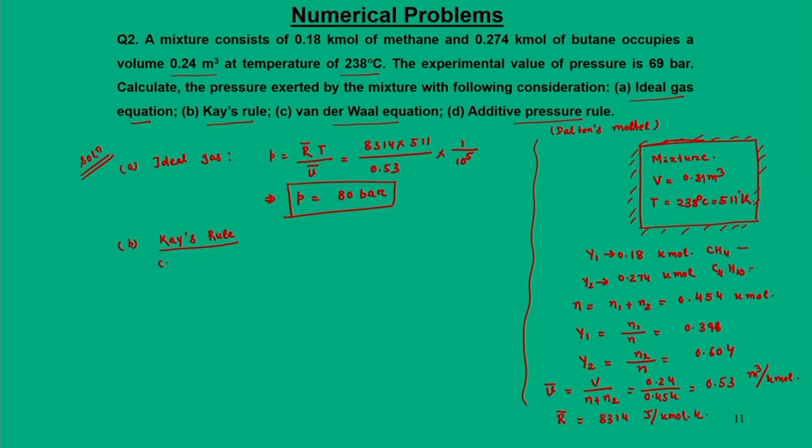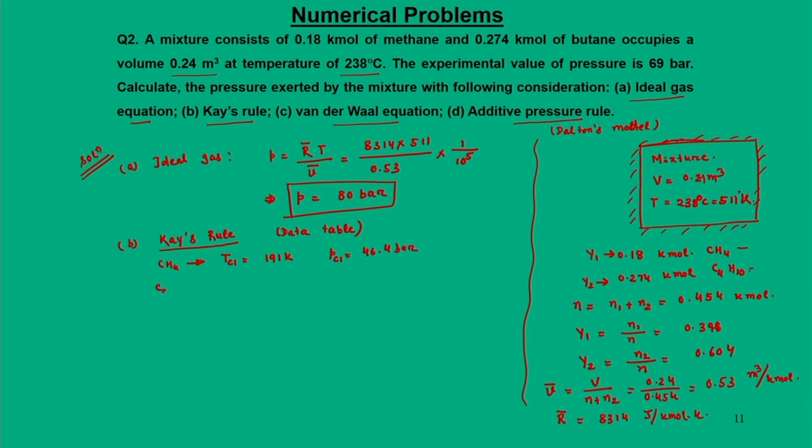So for CH4, we use the data table, which is available towards the end of any thermodynamics book. For methane, TC1 is 191 Kelvin, PC1 is 46.4 bar.